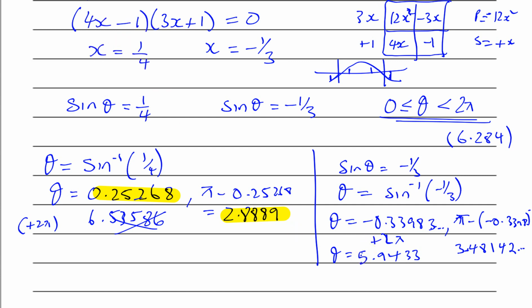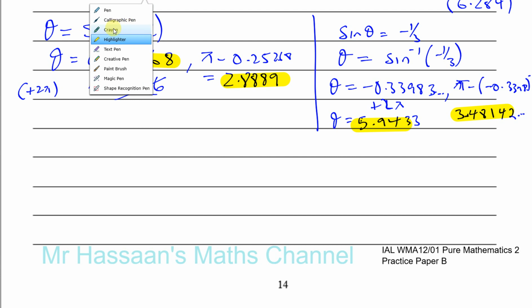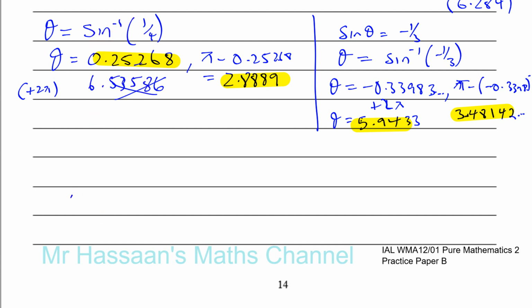So we end up with 4 angles within our range altogether from these 2 different solutions we got. Finally we should write down the answers correct to the number of decimal places or significant figures they asked for, which was 3SF.